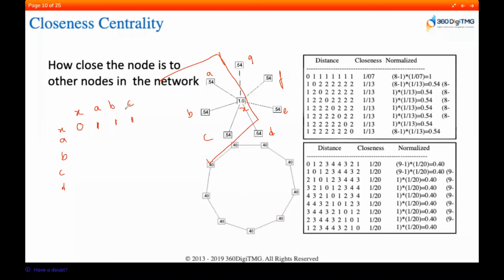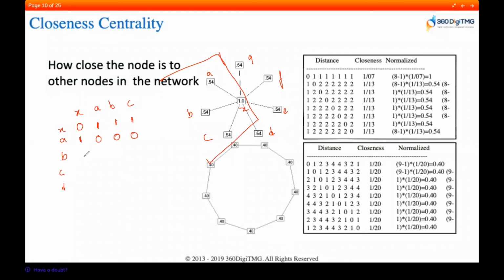Now I look at A and X. Is there a connection between A and X? Yes, I do. Is there any connection between A and A? No. Now, is there any connection between A and B? There is no direct connection, so I would make it 0. Is there any connection between A and C? There is no connection.